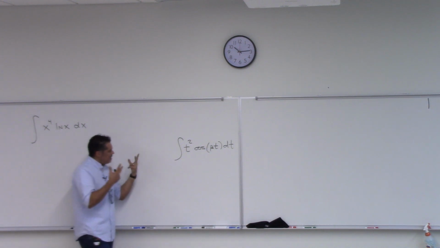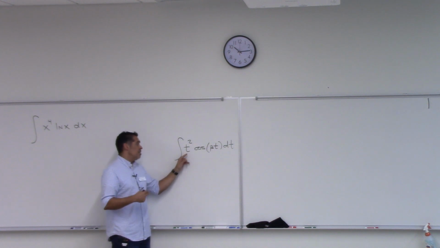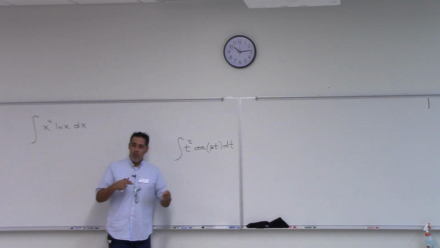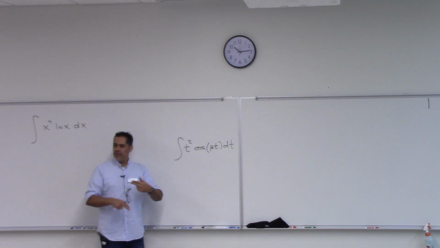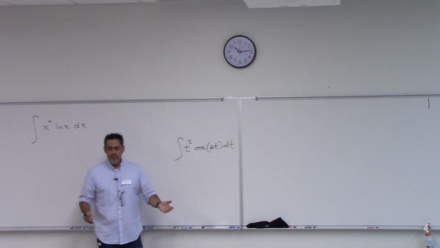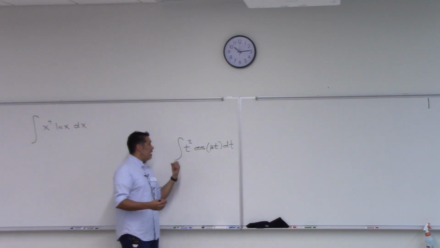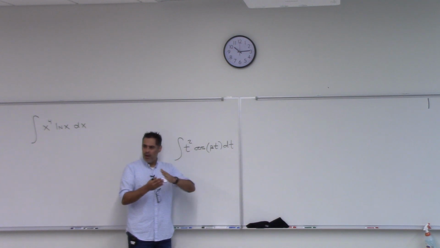And the idea is, you start with t squared. The first time through with integration by parts, you knock that power down by 1, and you create a t. And then when you do it the second time, you're taking the derivative of t, and it becomes a constant, which makes things work out, right? So you might be thinking, whenever I see a variable to a power, I'm going to let that be my u, and I'm going to just chip away at it, right?